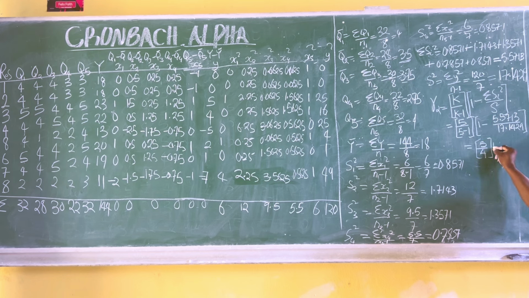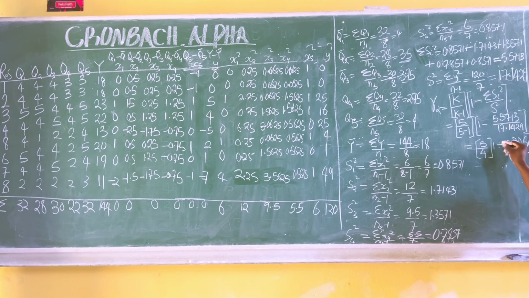Then we have 1 minus 5.5713 divided by 17.1429 will be equal to 0.3324, approximately 0.325.